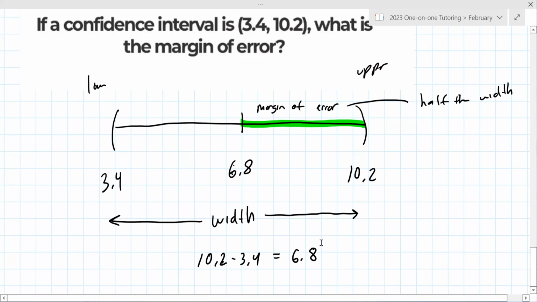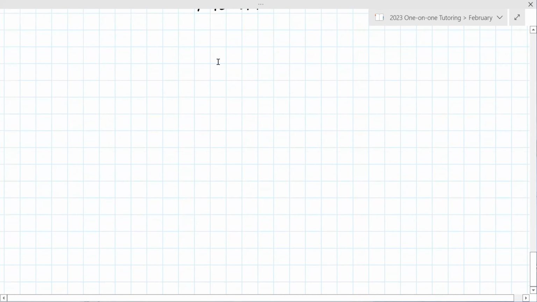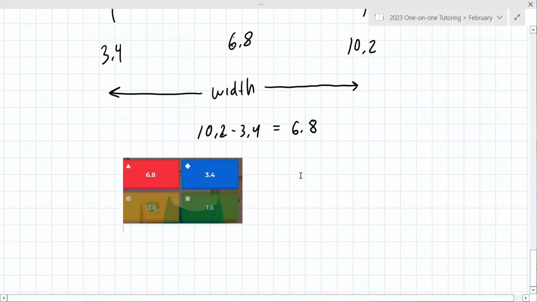So half of 6.8 is 3.4. Okay. So I'm gonna give you one like this to try, because I think this one had some deceptive numbers in there. But in terms of your answer here, it's just asking for the margin of error. It is the 3.4.